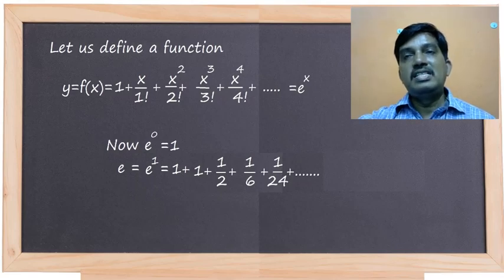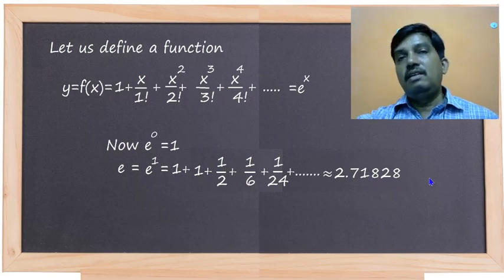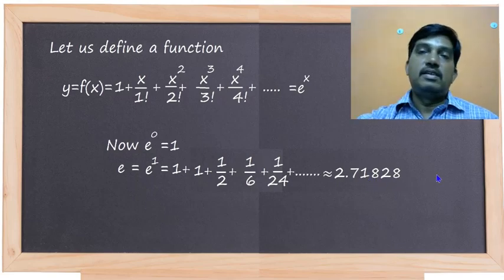And it is approximately equal to 2.71828. This is the approximate value, not the exact value. The digits continue like this and it never ends. This e is an irrational number.